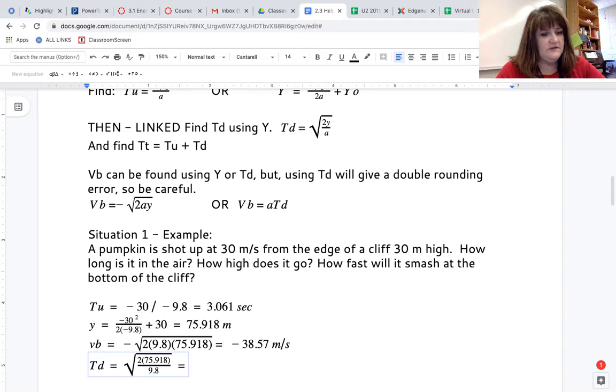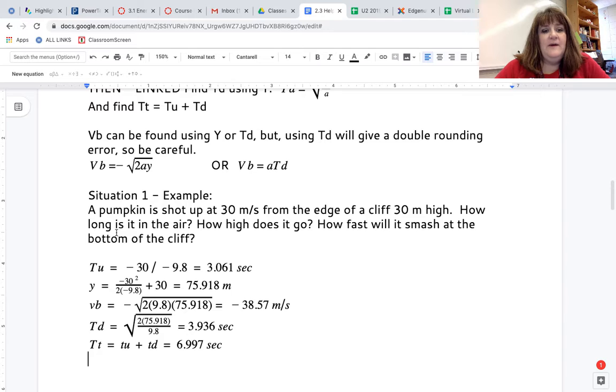Square root of 2 times 75.918 divided by 9.8, and we get 3.936 seconds, so that then our total time is equal to time up plus time down, which will be 3.061 plus 3.936 to be 6.997 seconds.